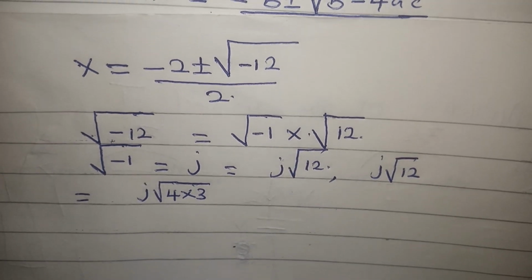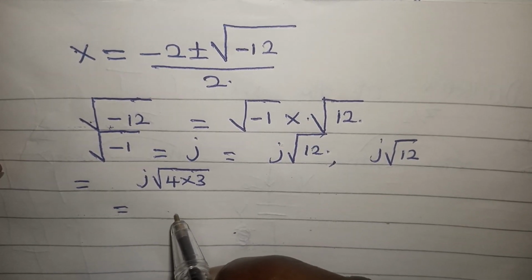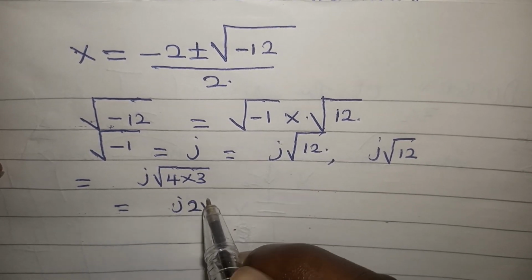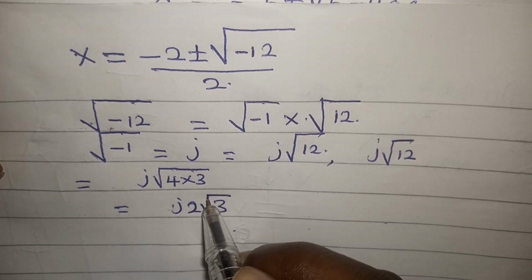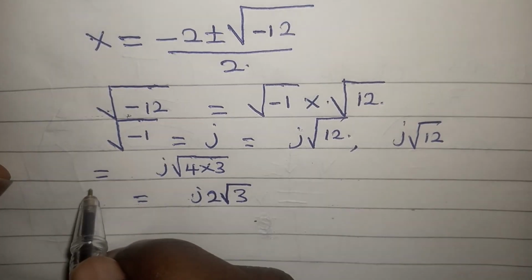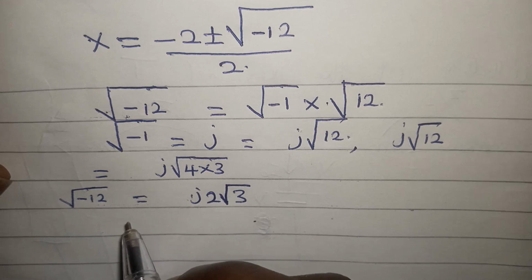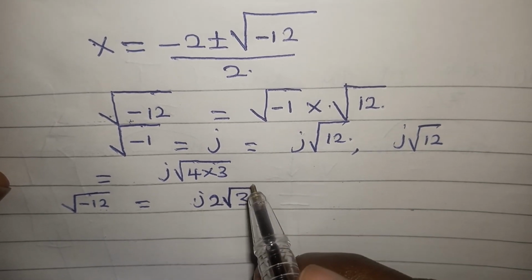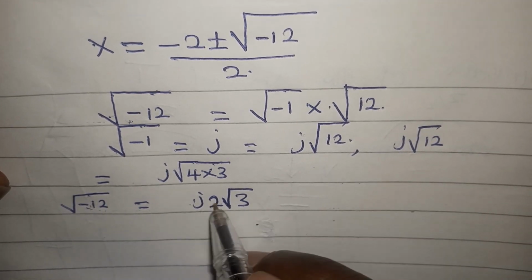If we put the radical rule here also, we'll simply have this equal to j2 root 3. So the root of negative 12 is equal to j2 root 3. Wherever we see the root of negative 12, we are going to put the whole of this.